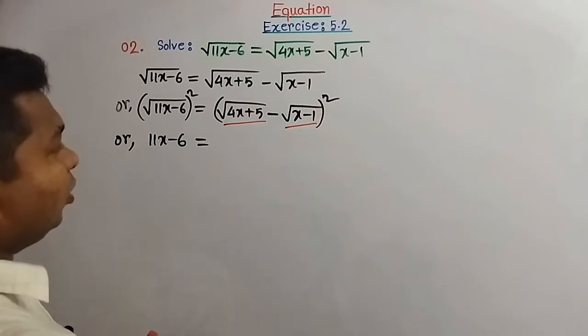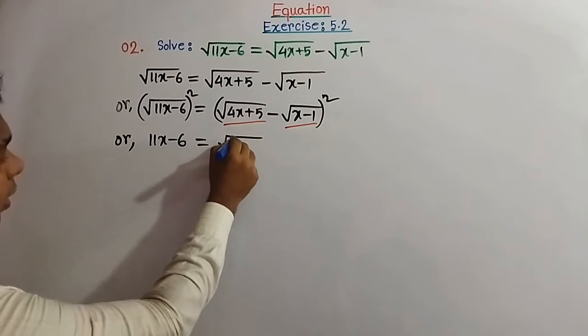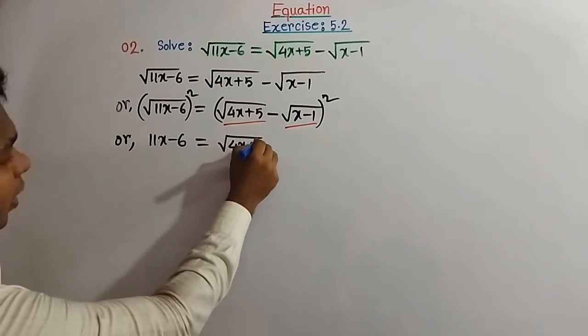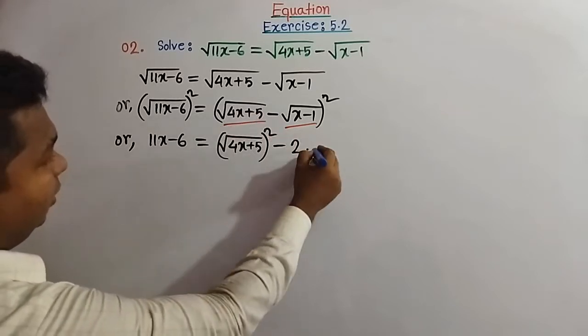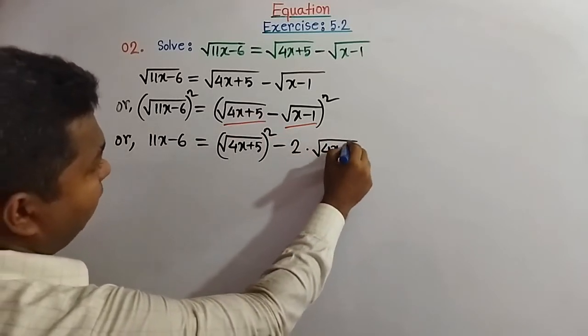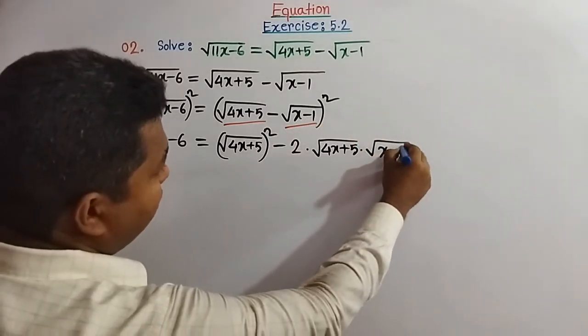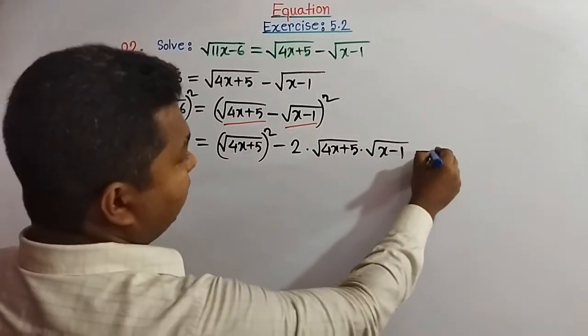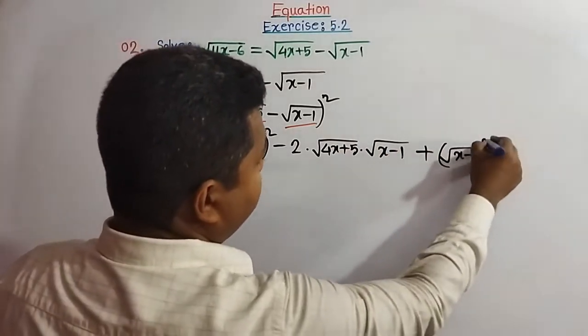You all know the formula, (a − b)² = a² − 2ab + b², that is (√(4x + 5))² minus 2 into ab, that is √(4x + 5) into √(x − 1), plus b², that is (√(x − 1))².